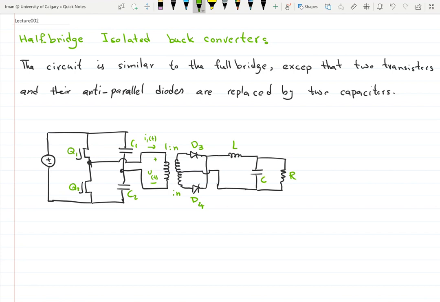L, C, and R. This is I of T. And this is ID3 of T, the current in the diode. Okay, I forgot the anti-parallel diodes here.